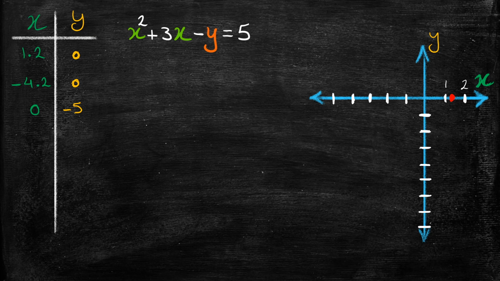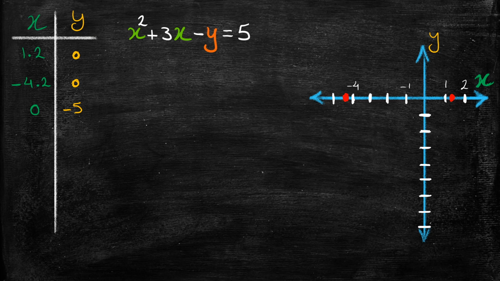Again, y equals 0, x equals negative 4.2, so that is negative 1, negative 2, negative 3, negative 4 is over here, and a little bit further than negative 4, it's like 0.2 goes to this side.